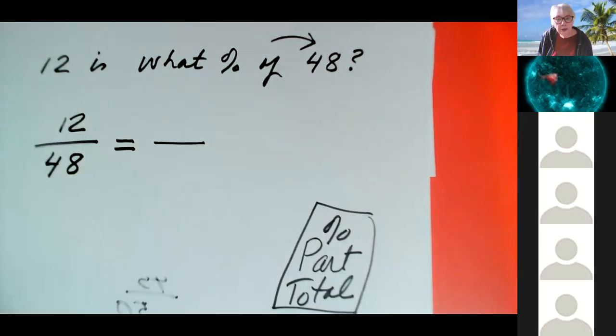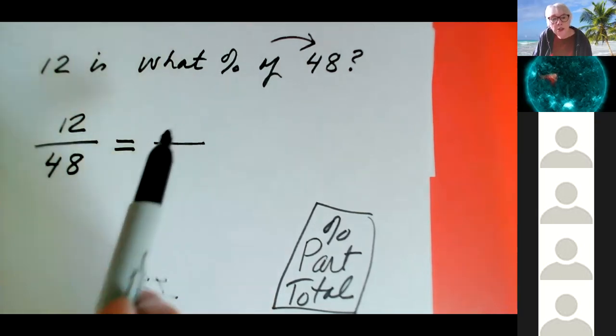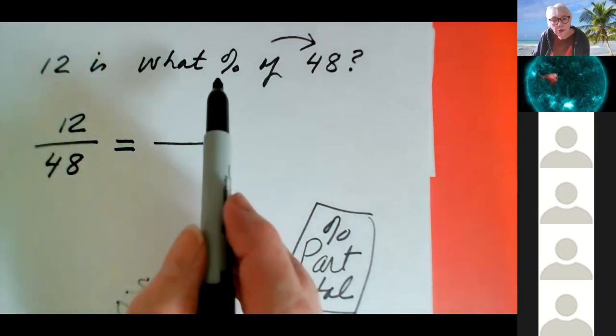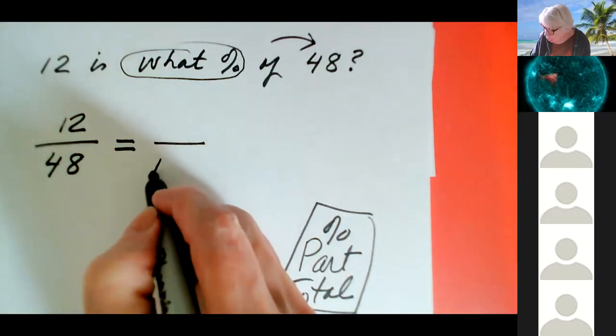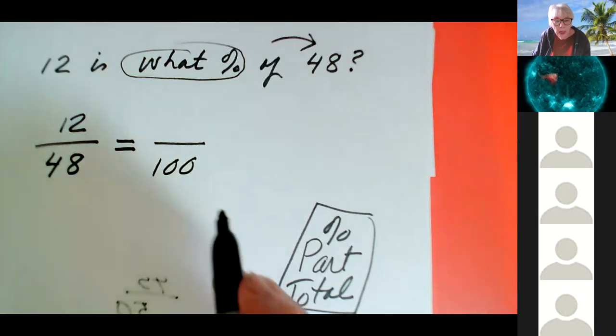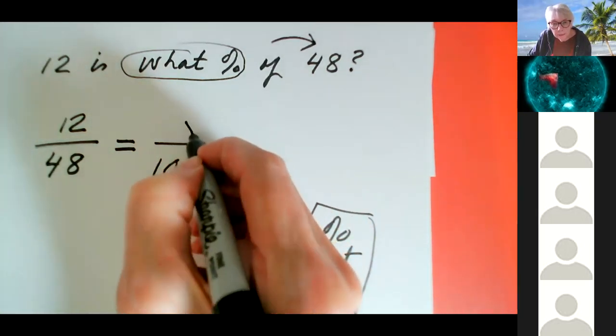And what we're after is a percent. Now, this is a proportion that we did before. And so you don't know the percent. But percents are always divided by 100. So the missing percent goes here.